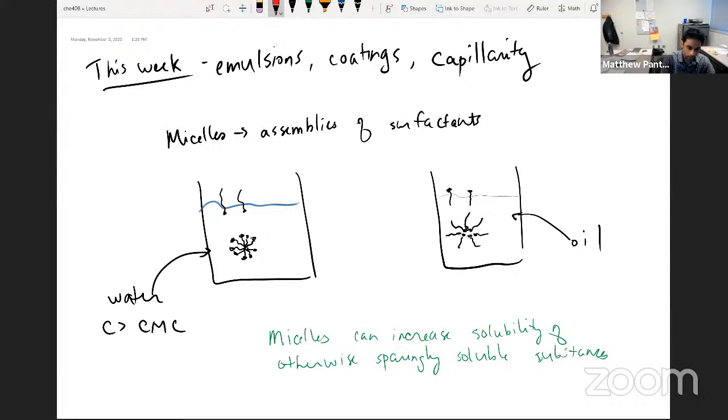So for example, in the left image right here, inside of this micelle structure, if you were to add oil and agitate it, oil would be attracted inside of that structure. Likewise, if you were to add water, water would be attracted to that type of structure.